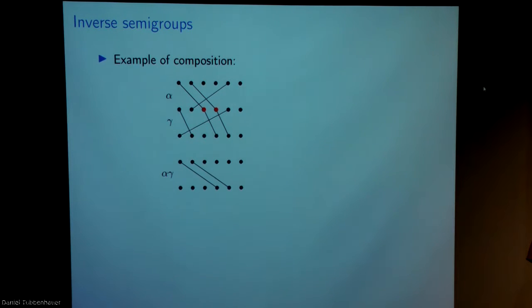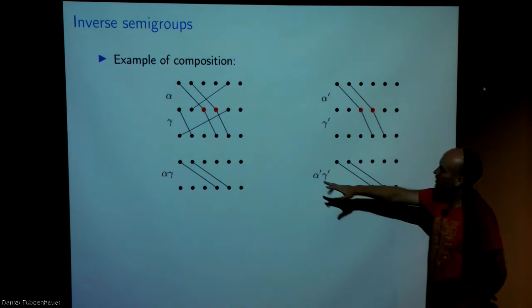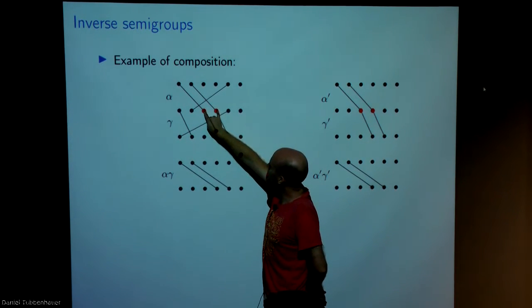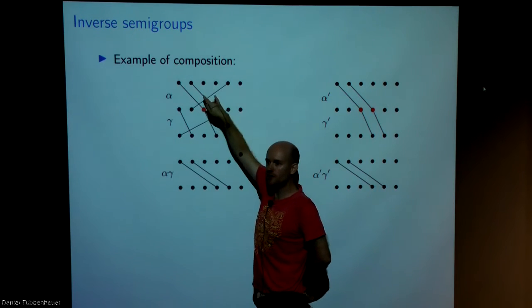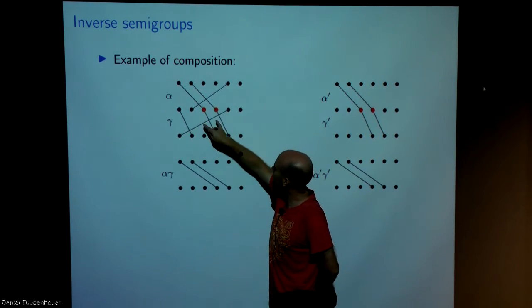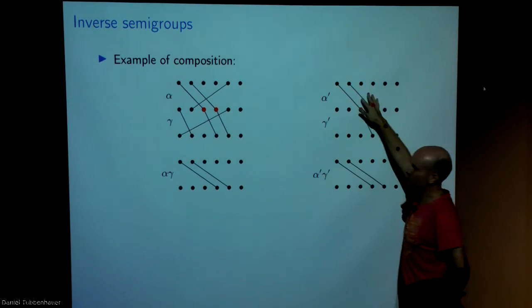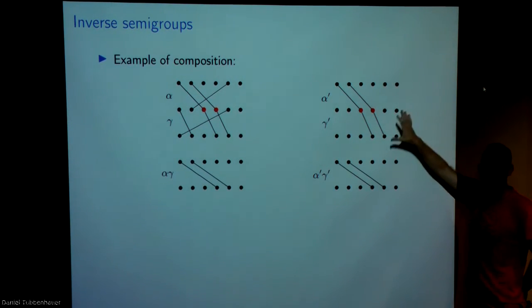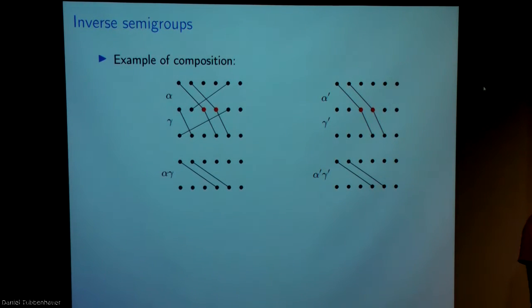So let's see what we should do. Well, we've already pre-calculated this thing here. We're going to let alpha dash be just those lines. Beta dash, sorry, gamma dash be only those lines. So we'll just throw away the hard bits, and then we've got an easy composition.